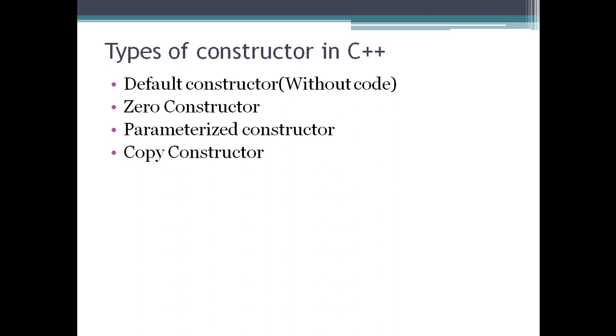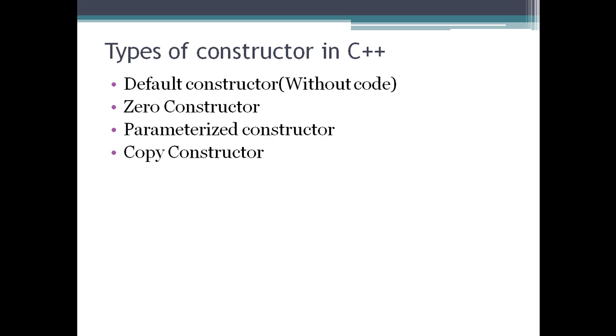The constructor will be there but without any parameter, hence it is a zero constructor. A parameterized constructor, as the name suggests, has parameters specified in the program. And lastly, the copy constructor, right? It depends on the authors, the textbook and the programmer. Generally 3 categories will be there, but here we are taking 4 categories.